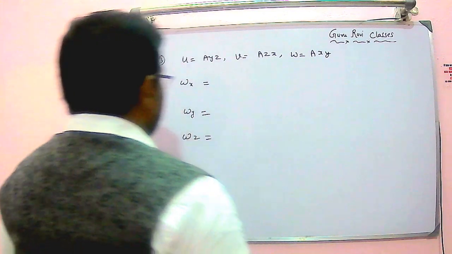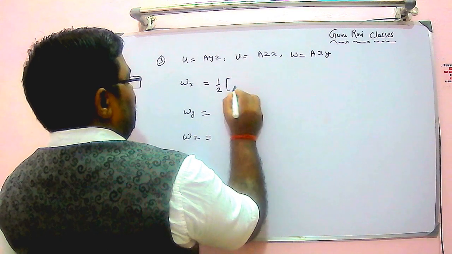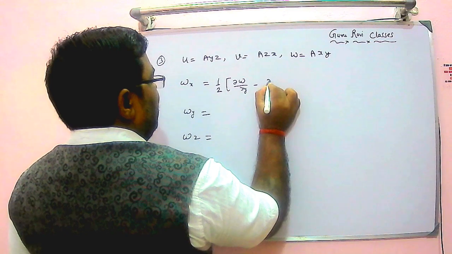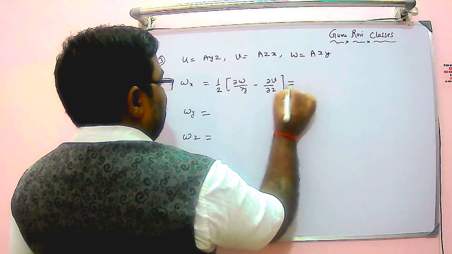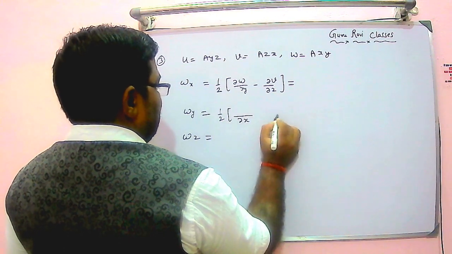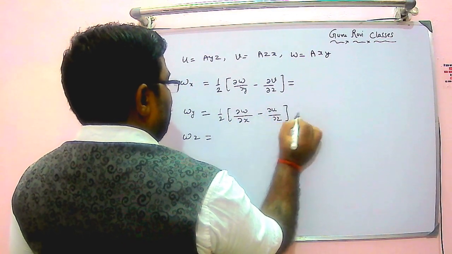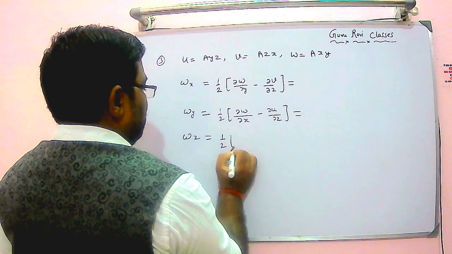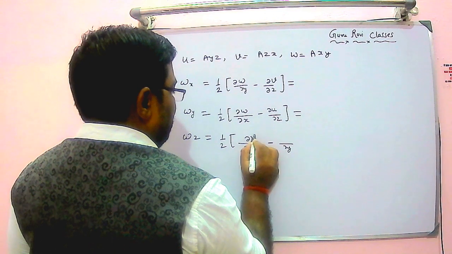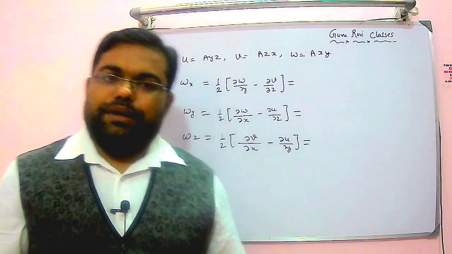So let's write the formula. ωx is half, the derivative of w with respect to y, minus the derivative of v with respect to z. Then half of the derivative of u with respect to z minus the derivative of w with respect to x. This is another formula, and half of the derivative of v with respect to x minus the derivative of u with respect to y.